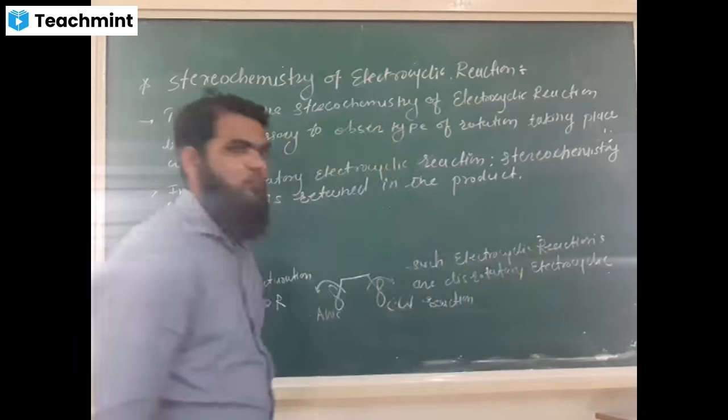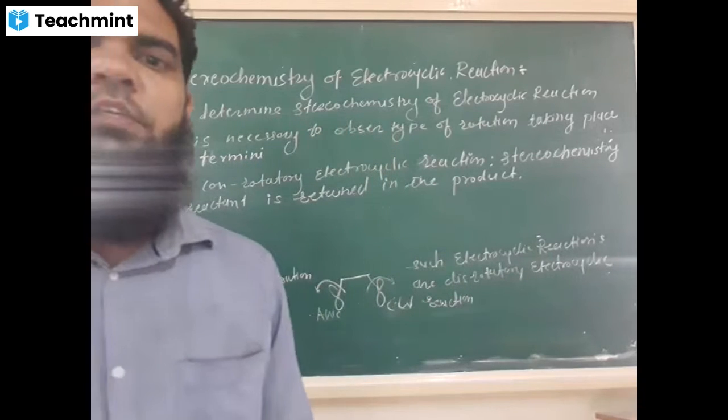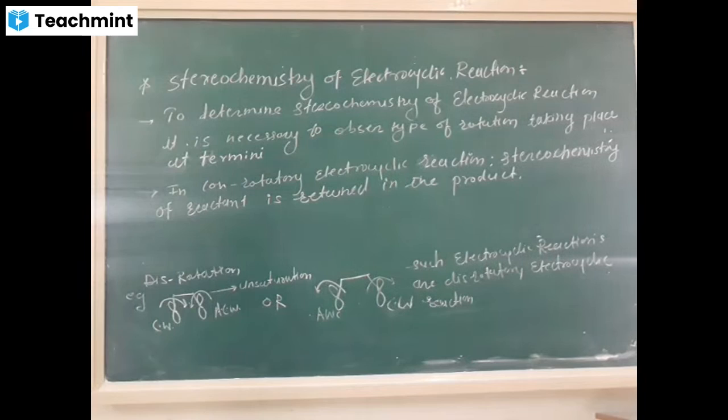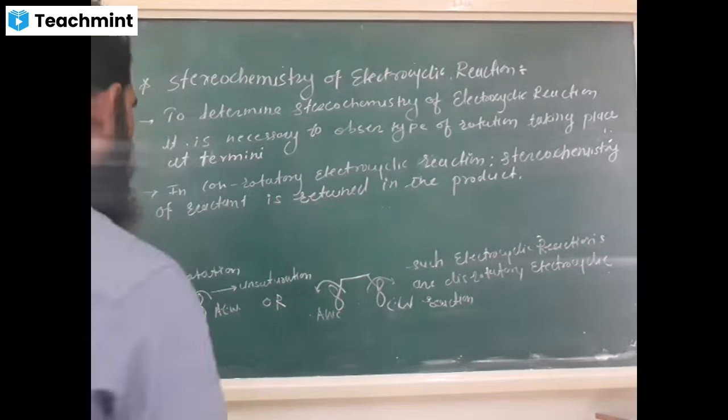What does it mean? It means if the starting material has some stereochemical feature, or if it is a properly substituted starting material, the stereochemistry of that starting material is retained in the product.